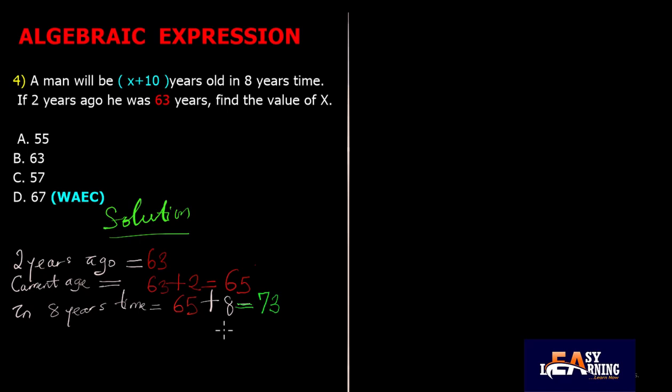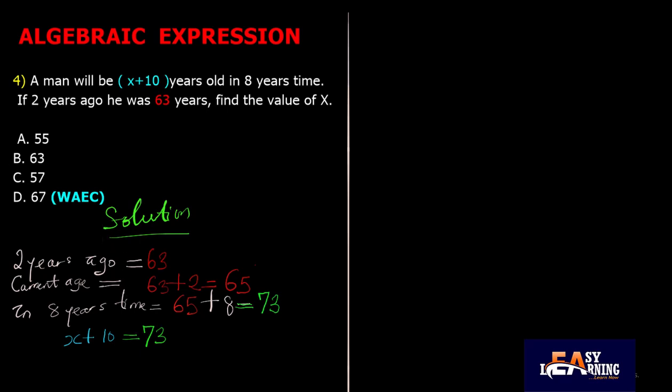So we know that the age we were given in 8 years to come was x plus 10. We've now been able to find out that x plus 10 is equal to 73. Now we are asked to find x.